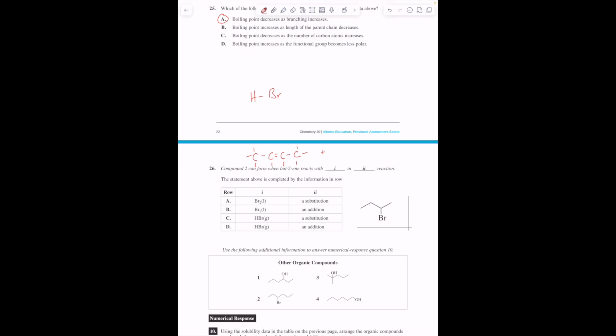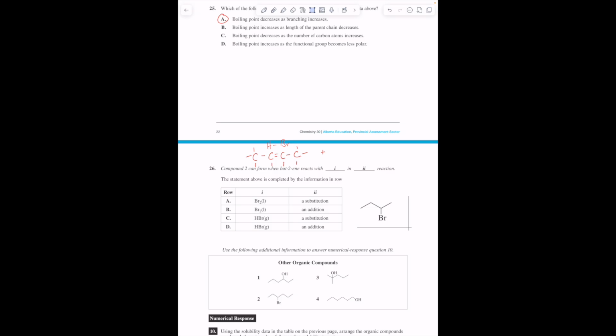Okay, so this is simply going to react right here, right? This is going to get added right in there. That double bond will snap. That'll form. And that's an addition reaction.